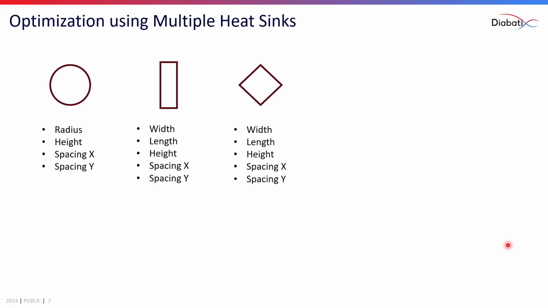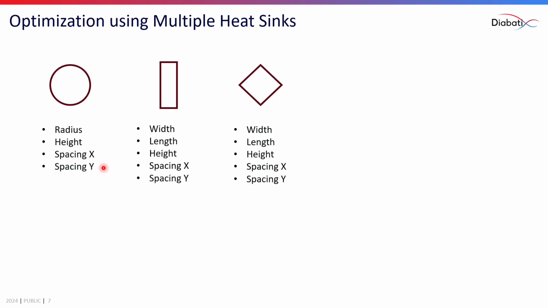If you want to design a heatsink with a pin-fin type of design, in which you are considering, let's say, a circular pin design, then there are already 4 different parameters we need to consider for the optimization. In this case, radius, height, spacing x, spacing y, all 4 parameters are essential.